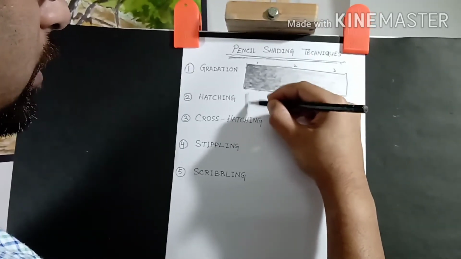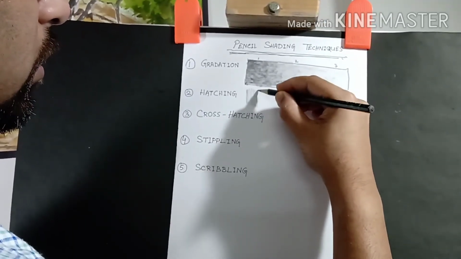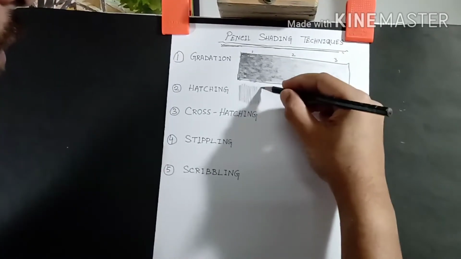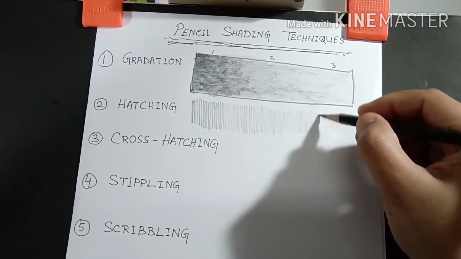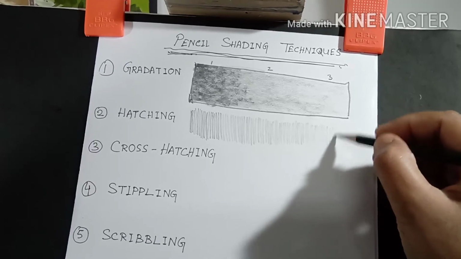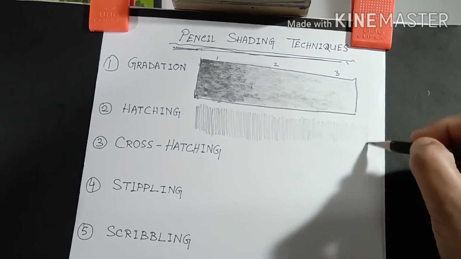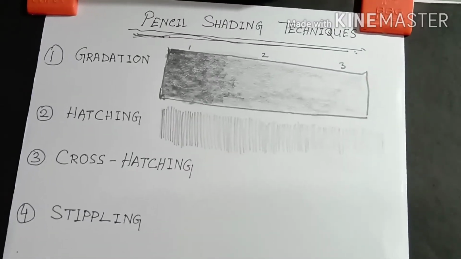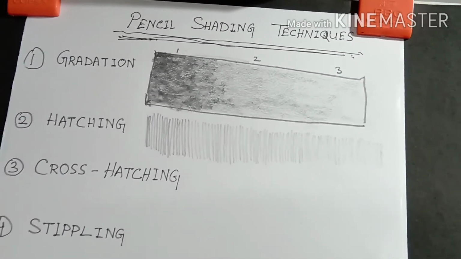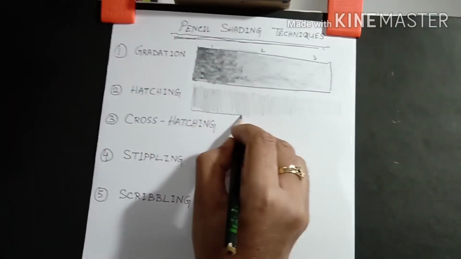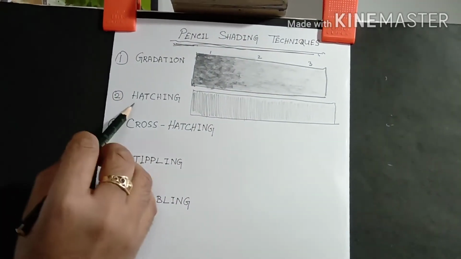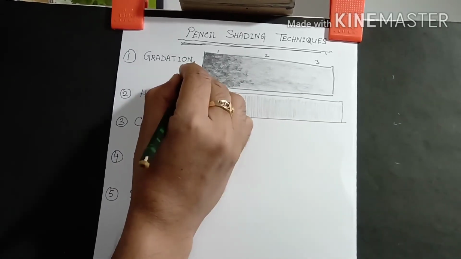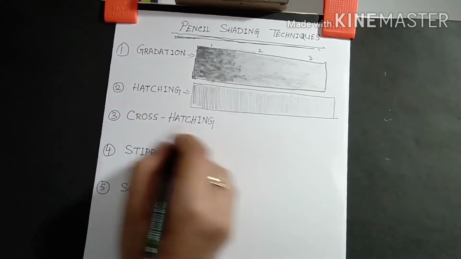With the pencil tip, as you can see, I have already started with the dark, medium and light. So this is hatching. This is number 2, it is hatching. The previous one was gradation.